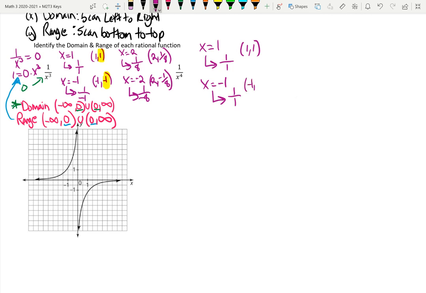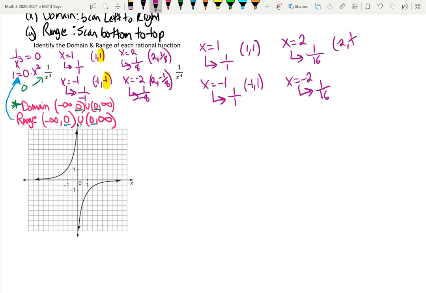So it's -1, comma 1. If I do this again for 2, it is going to produce 1 over 16. If x is equal to -2, it's going to produce a positive 1 over 16.